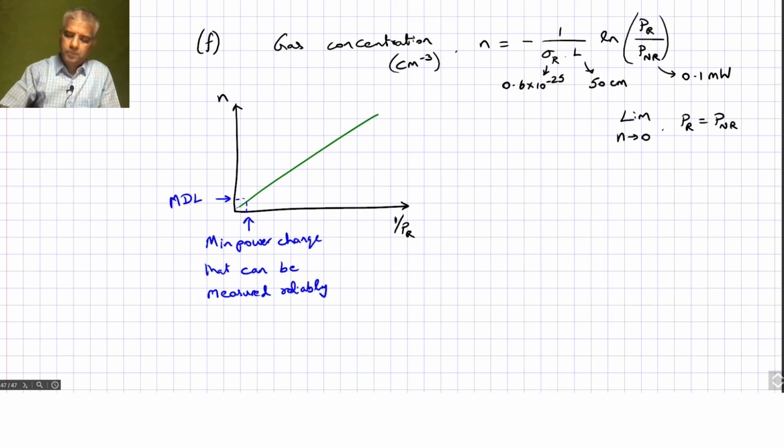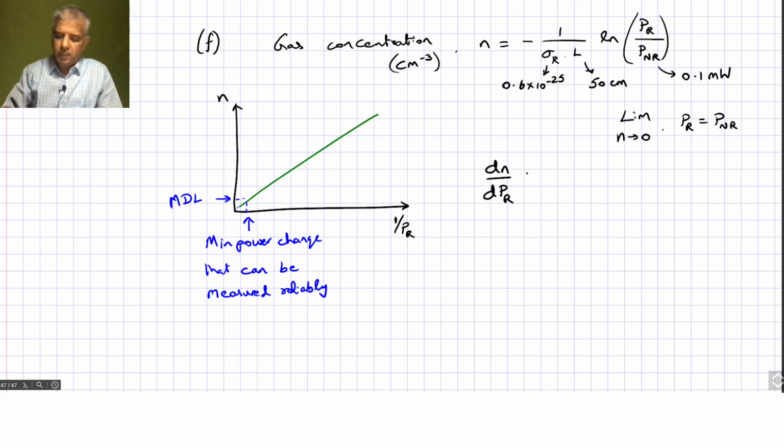Okay. So to determine this, we will say that corresponds to delta PR change, or delta N change with respect to delta PR. So we can differentiate this expression. If you differentiate that expression, you say dN over dPR.